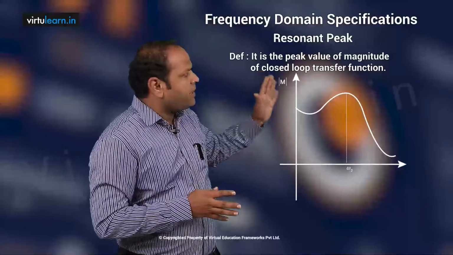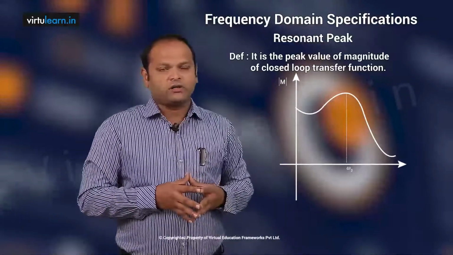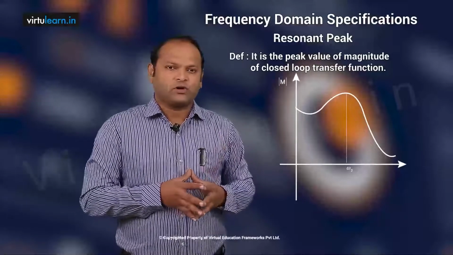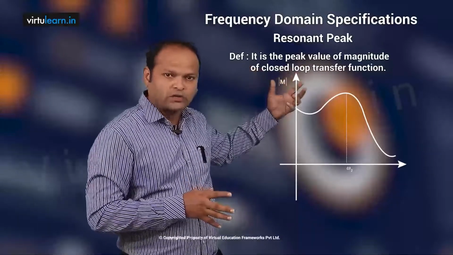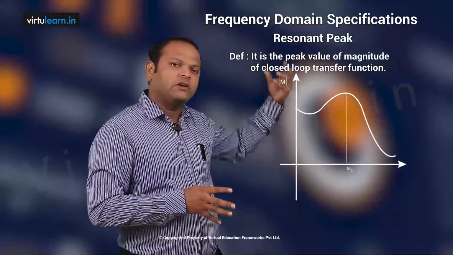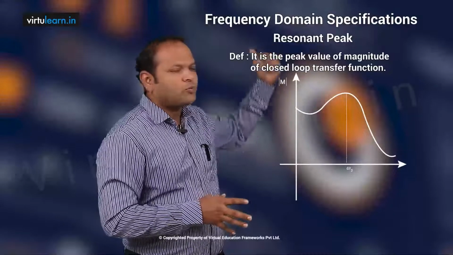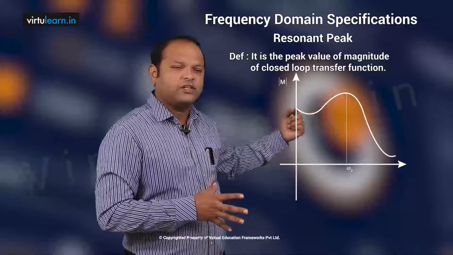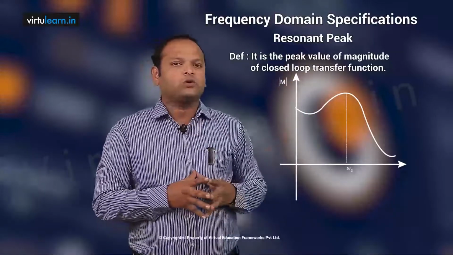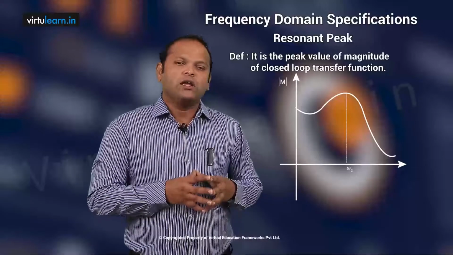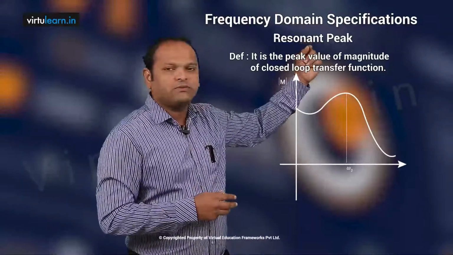This resonant peak we define for the closed loop frequency response. That means if you have a closed loop transfer function, take the transfer function, find the magnitude, and for different values of frequency, you plot the magnitude. That will be the closed loop frequency response plot. In that, what will be the maximum peak?